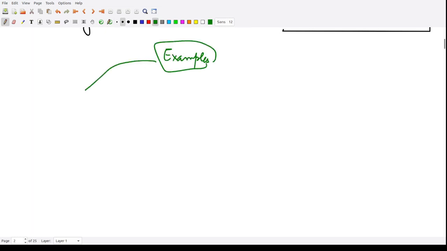So in this case, the first example you can see to be finances. Everyone has to deal with finances in their lives because that is the basic requirement.